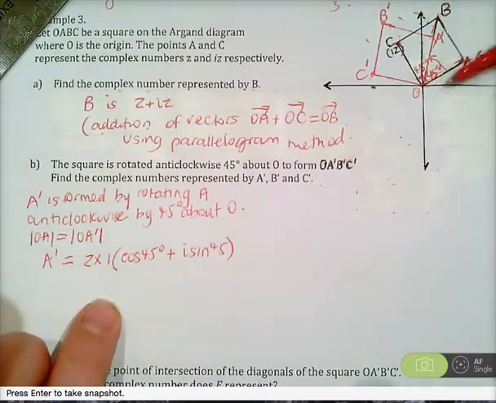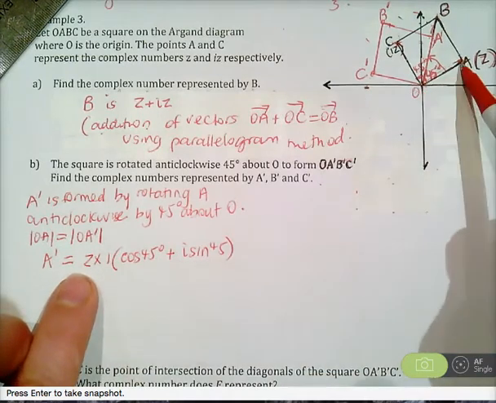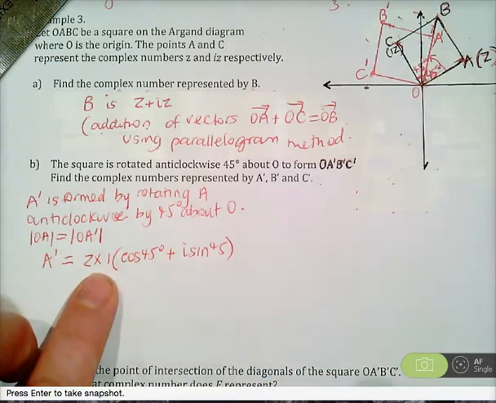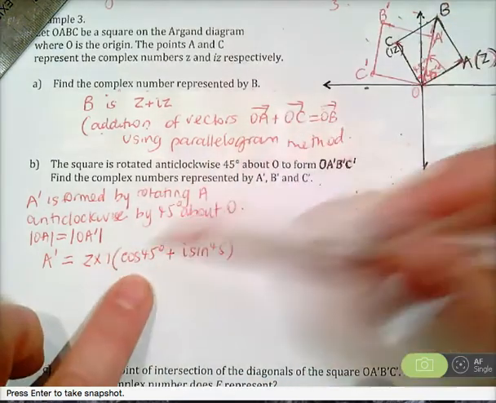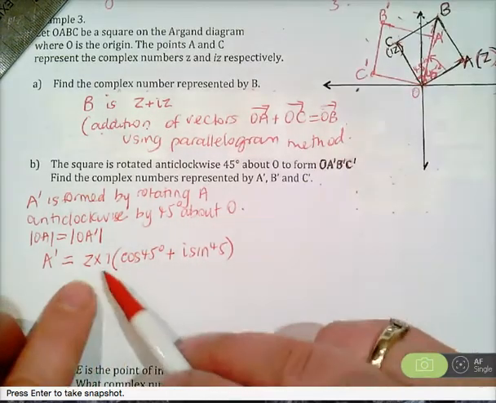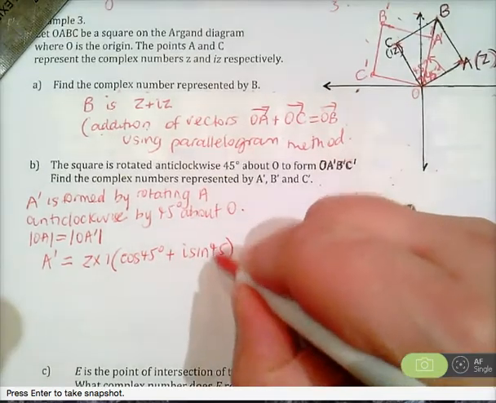To get A', we're taking the complex number represented by OA, which is Z, and multiplying it by something of the same length, which is 1. But we have to add an argument of 45 degrees to it, so we multiply it by 1 cis 45, okay?